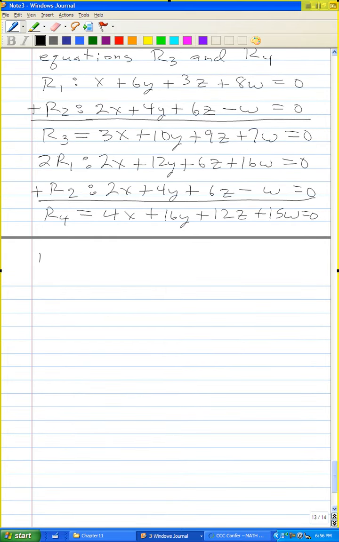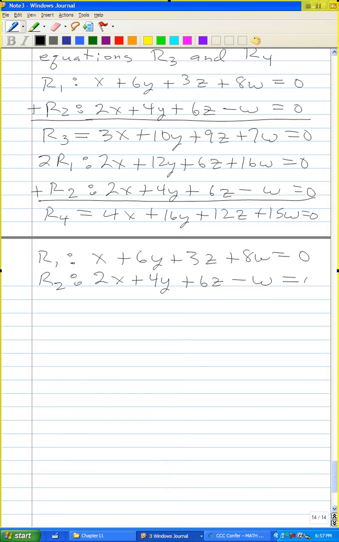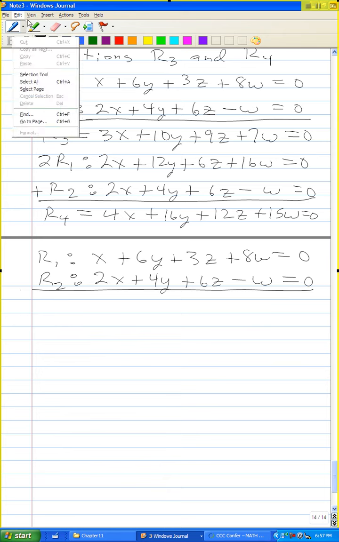So let's just deal with R1 and R2. So really, those are the only two equations that I have, so I can actually only eliminate one variable.